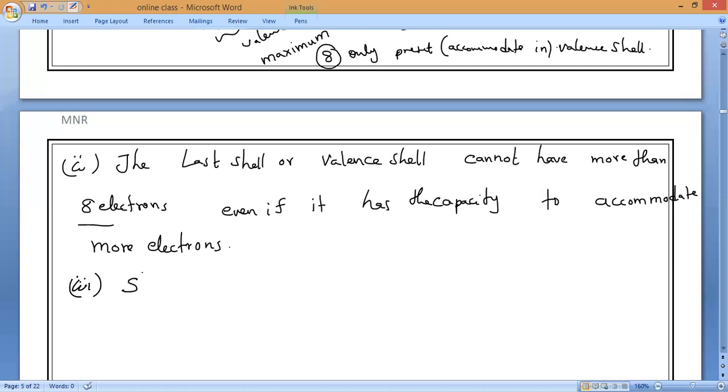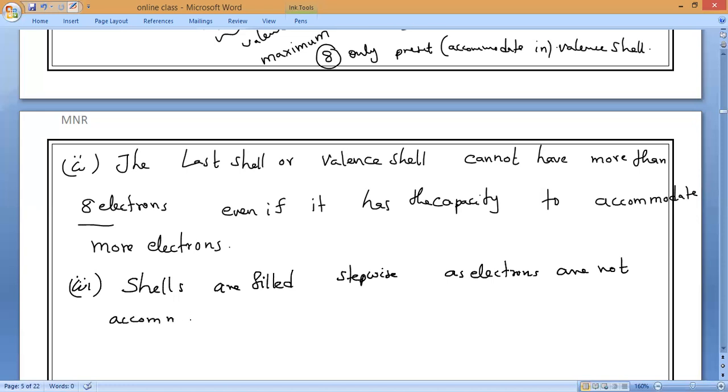Shells are filled stepwise, as electrons are not accommodated in a given shell unless the inner shells are filled.